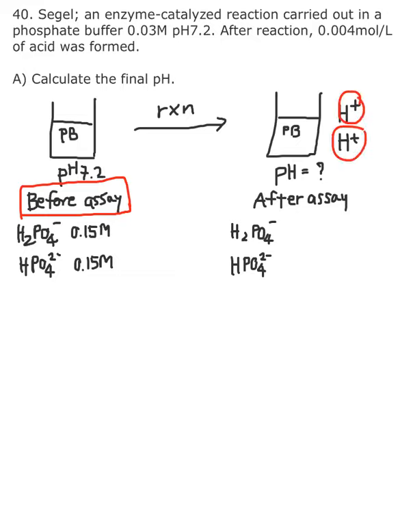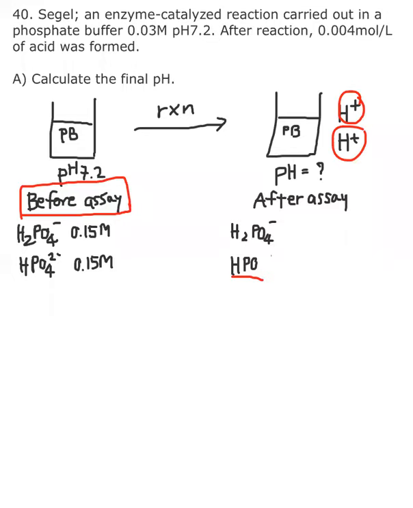Because it's a proton, which molecule of the buffer would the proton bind to? Of course, the proton will bind to the base, right? And then it will change to the acid.